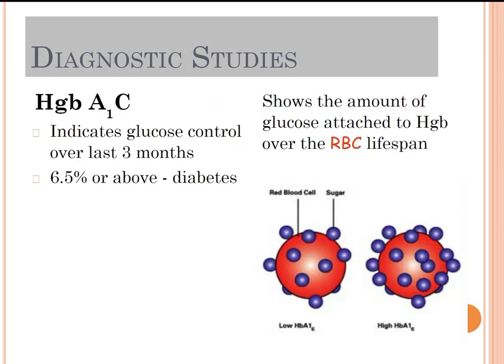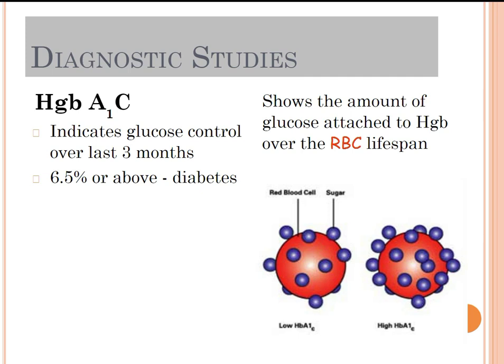I'd like to note that the 3 previous tests that we just discussed all reflect the individual's blood glucose levels at the time that the test is taken. So that is their present blood glucose level.